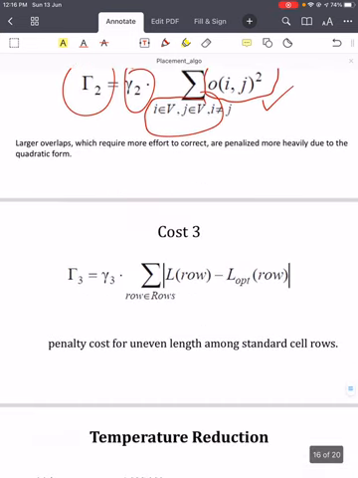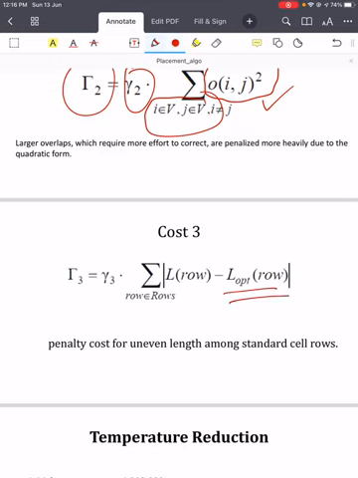Now another thing is cost 3, the third cost of the overall composite cost of TimberWolf. What is cost 3? Cost 3, or capital gamma 3, represents the cost of all row lengths, L_row, that deviate from a predefined maximum or optimum length that we put into the algorithm.